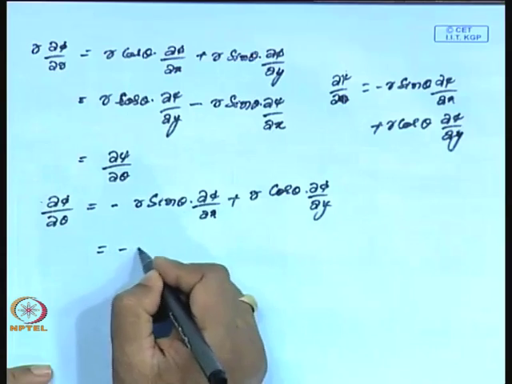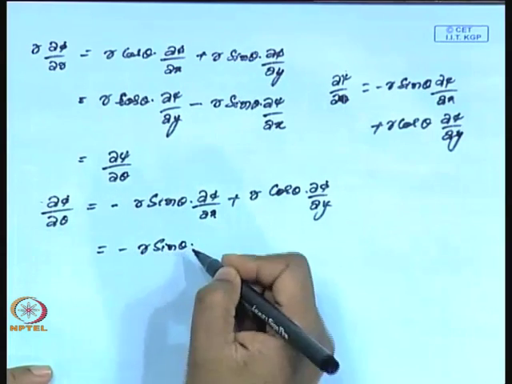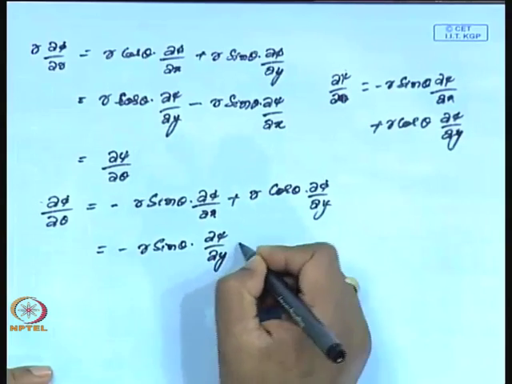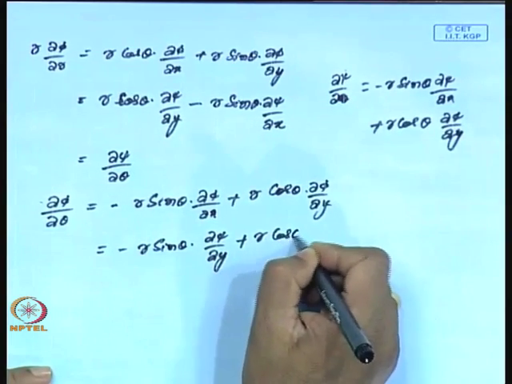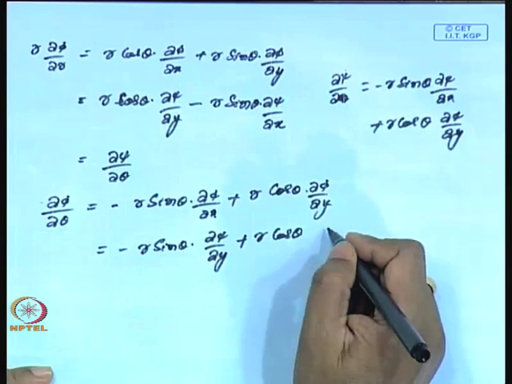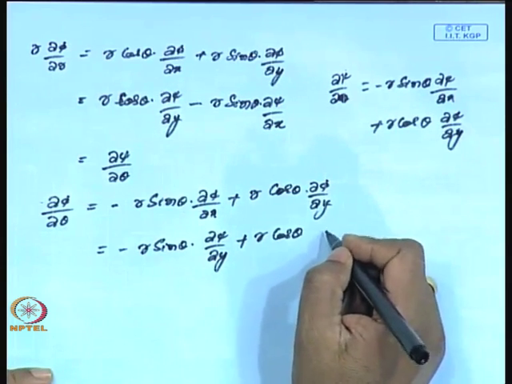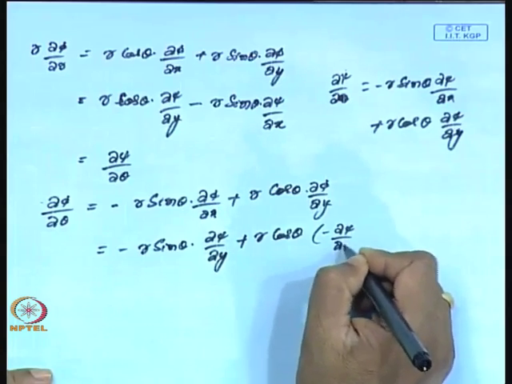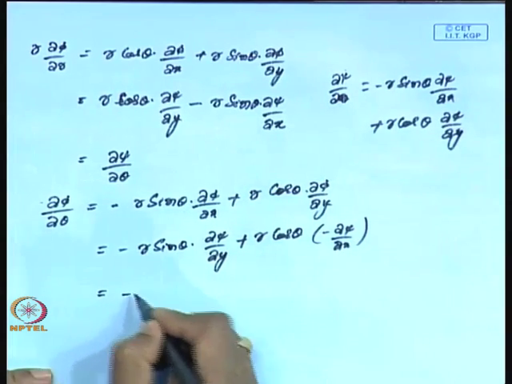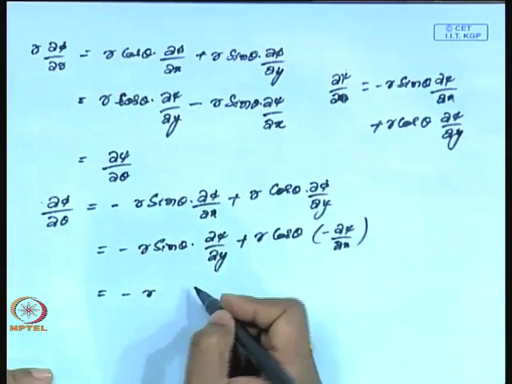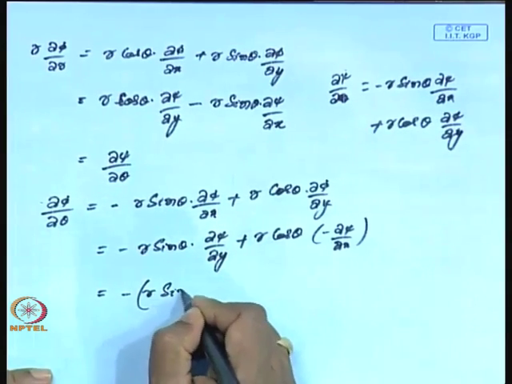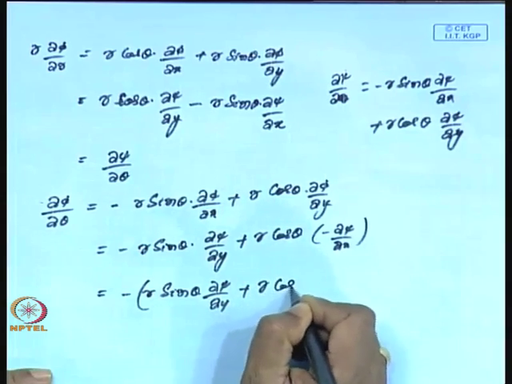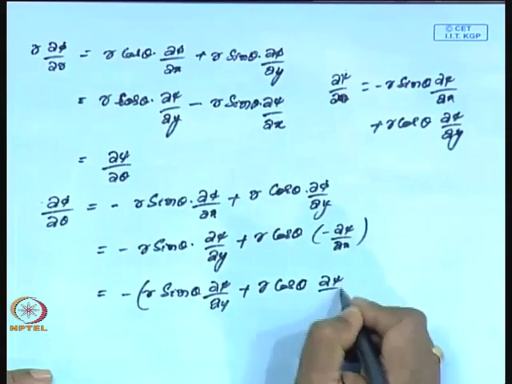That gives me minus r sin theta del psi by del y plus r cos theta, with del phi by del y being minus del psi by del x, which I can call minus r sin theta del psi by del y plus r cos theta del psi by del x.